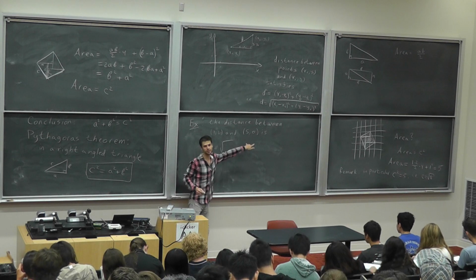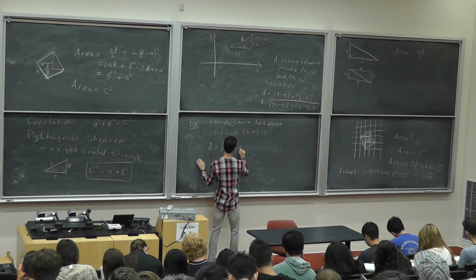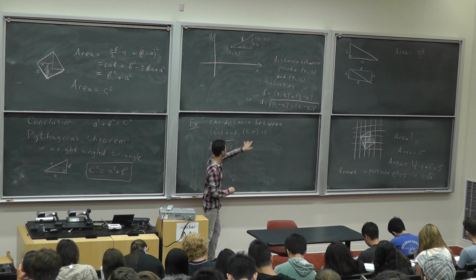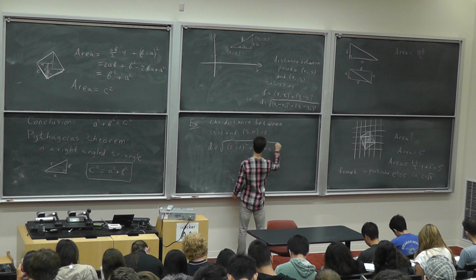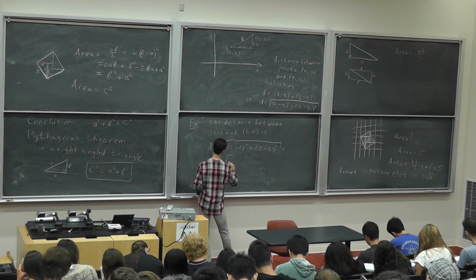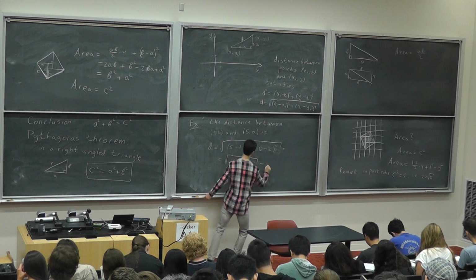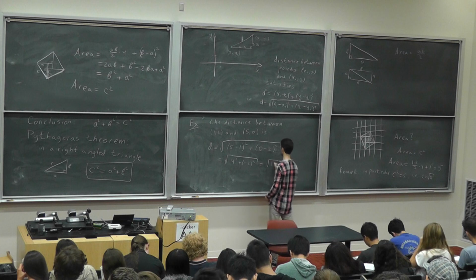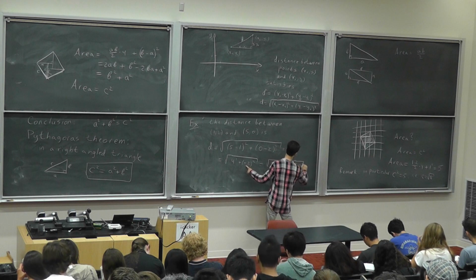We have 2 points, the difference in x values 5 minus 1 squared, the difference in y values 0 minus 2 squared, so it's square root of 4 squared plus 2 squared, which is square root of 16 plus 4, square root of 20.